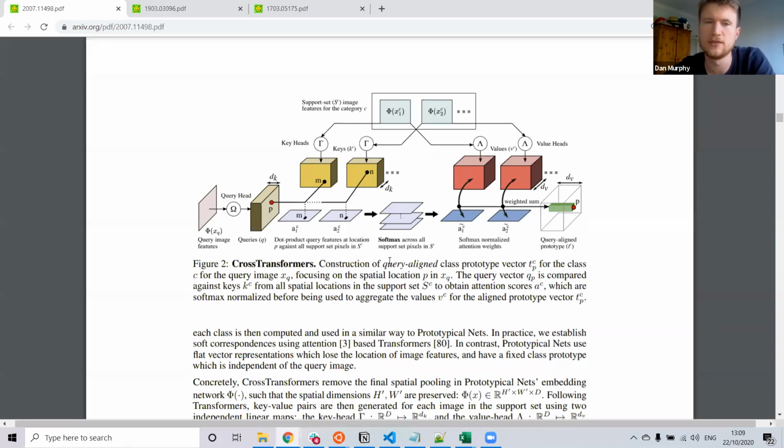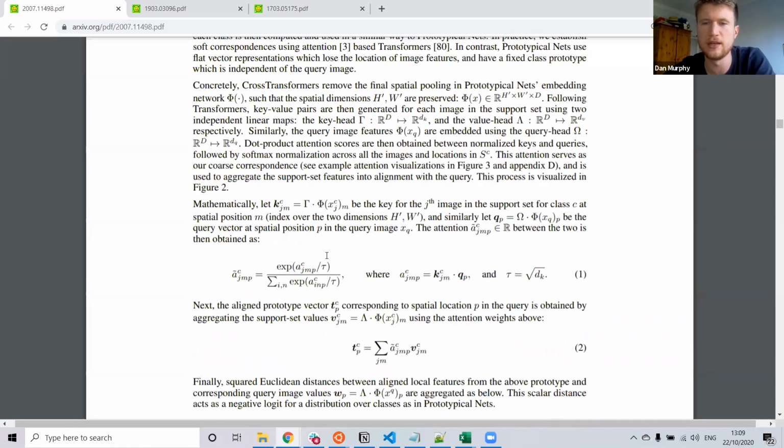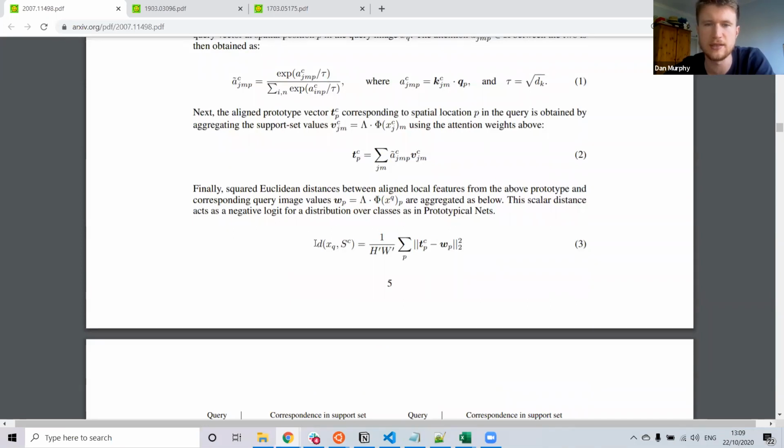Yeah. So I guess the last bit to mention is the distance function they use. They collect all of the centroids for their different classes, and then they calculate this query image value using the same linear map that they used before, and whichever has the smallest distance is the one that you classify this image into.